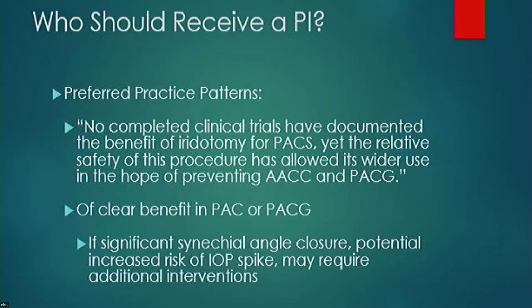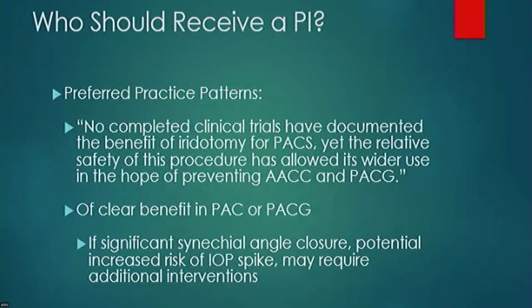Okay. All right, so who should receive a peripheral iridotomy, right? So this is sort of an evolving world, right? We used to think of iridotomy as a rather ubiquitous procedure for folks with appositional angle anatomy. And certainly in angle closure glaucoma or primary angle closure, which is elevated pressure or PAS in the setting of an iridotrabecular contact, the role of a PI makes sense.